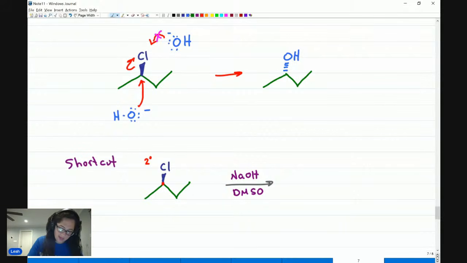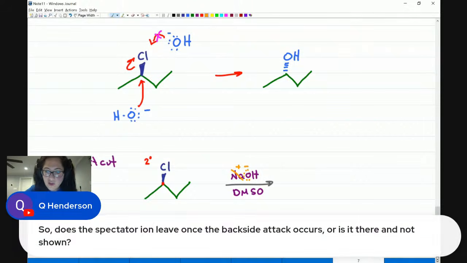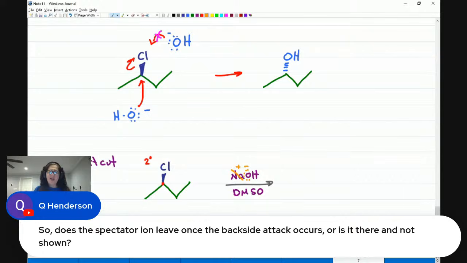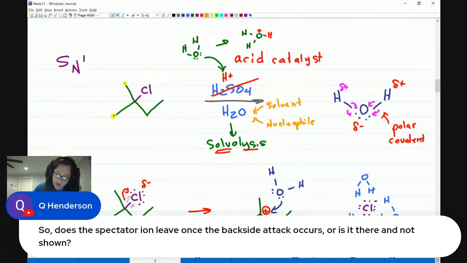That's where you want to recognize. Anytime you have Na plus in front of a molecule, that is simply a counter ion. It is a spectator, going all the way back to who had asked that question right here. So the spectator ion is just there for a balanced equation, but just like the H2SO4, that was a source of protons in solution. What I forgot to talk about with the H2SO4 is that when you get a source of protons in solution, you also get the HSO4 minus or even the SO4 2 minus.